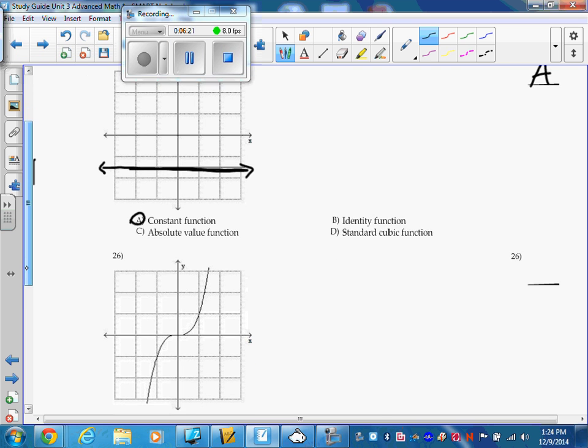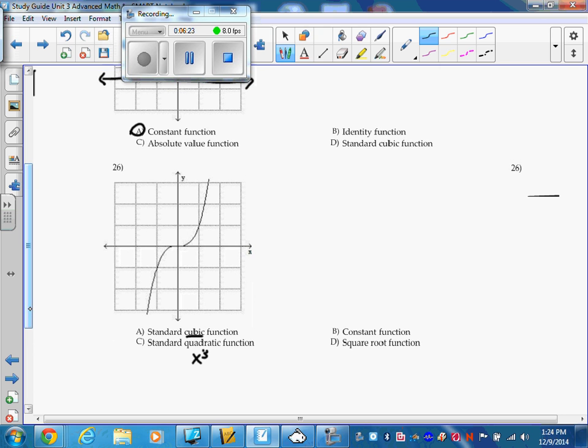In 26, hopefully you recognize this one as a cubic function. This is something to the third power. But while we have this picture, I do want to tell you that this cubic function is positive. This is x to the third. Cubic functions whose leading coefficient are positive start down and end up.